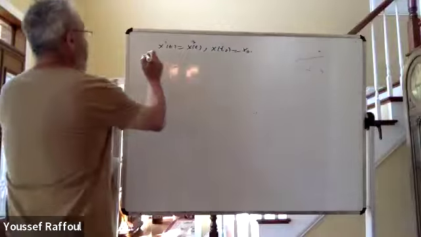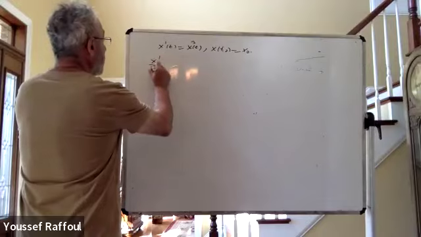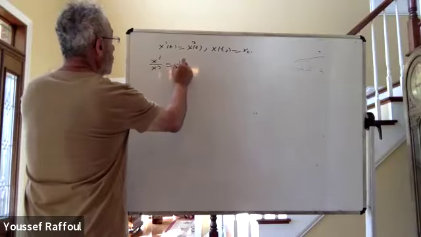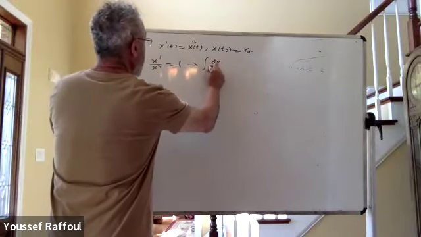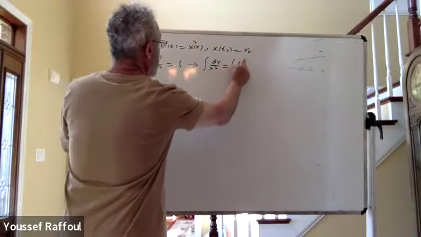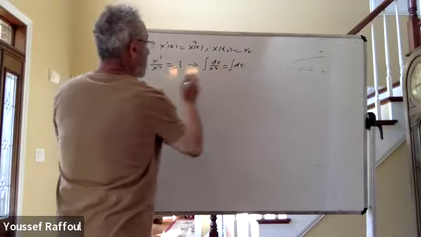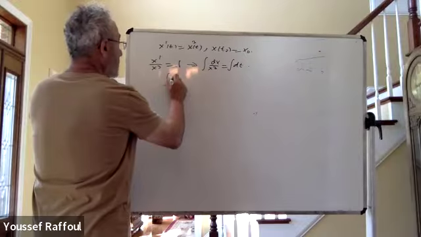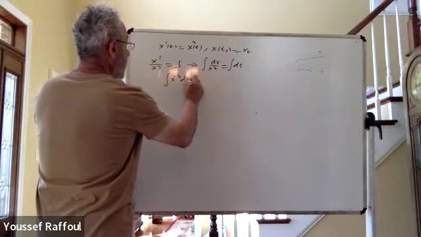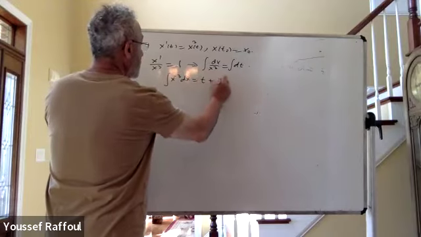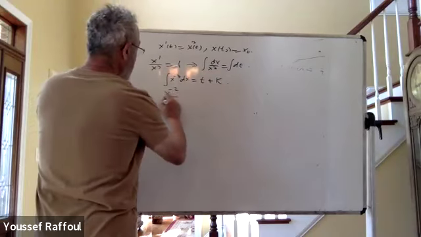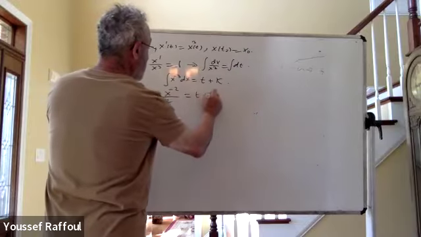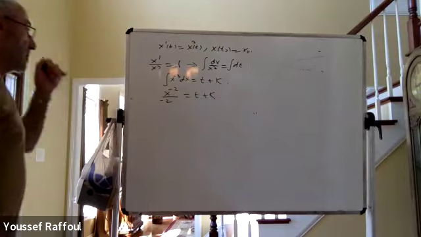All right, so again, it's x prime over x cubed equal 1, or dx over x cubed equal dt. So this is x to the minus 3 dx equal to t plus k. And that is x to the minus 2 over minus 2 equal t plus k. All right.